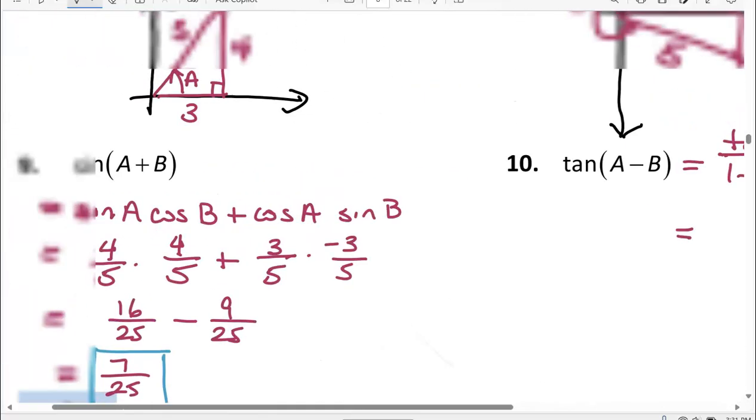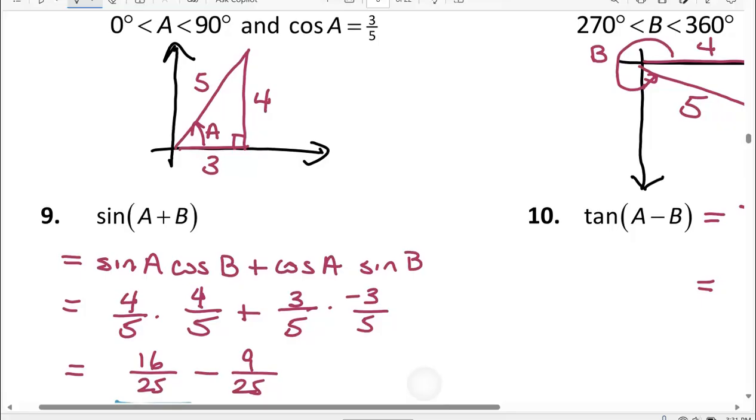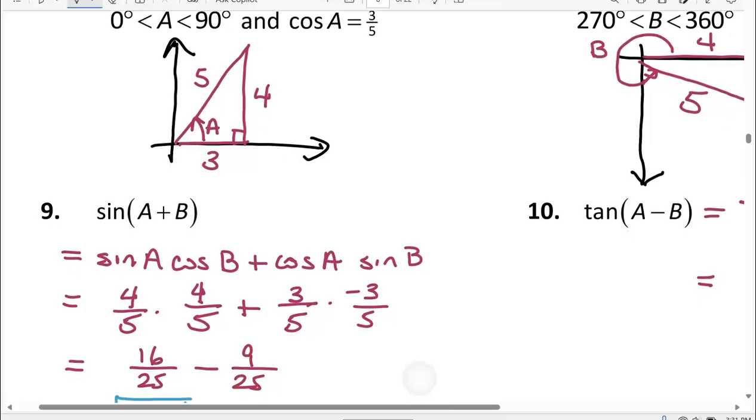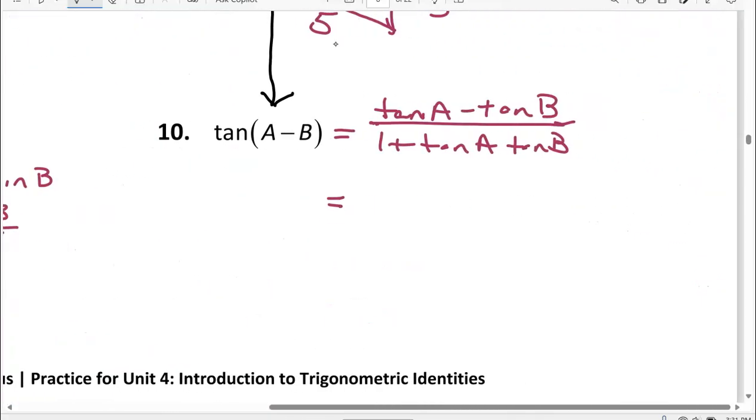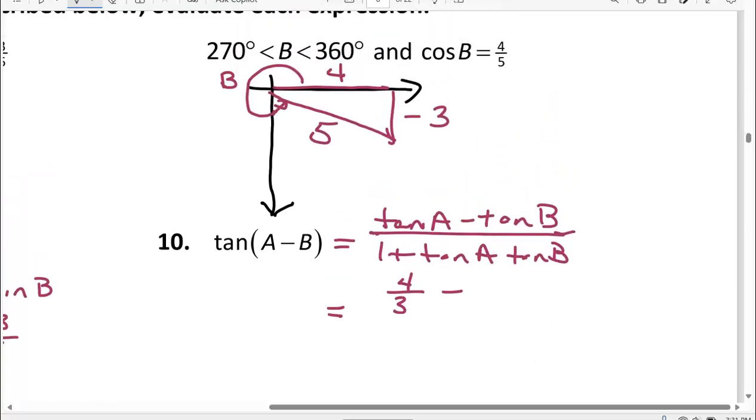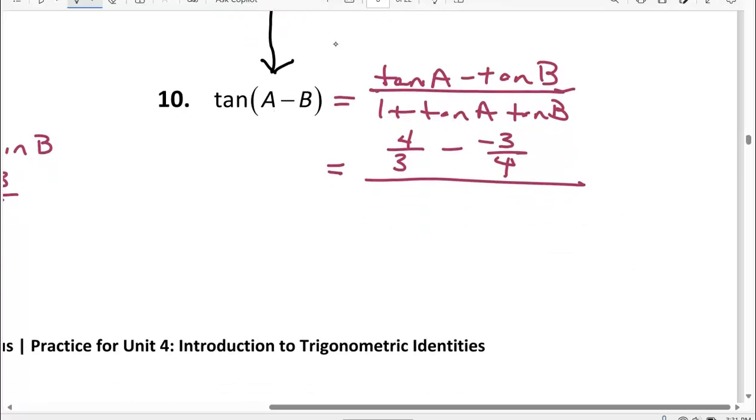Tangent of angle A is opposite over adjacent, so that's 4/3. Tangent of angle B is opposite over adjacent, so that is -3/4. Downstairs, the same two numbers, so 1 plus 4/3 times -3/4.